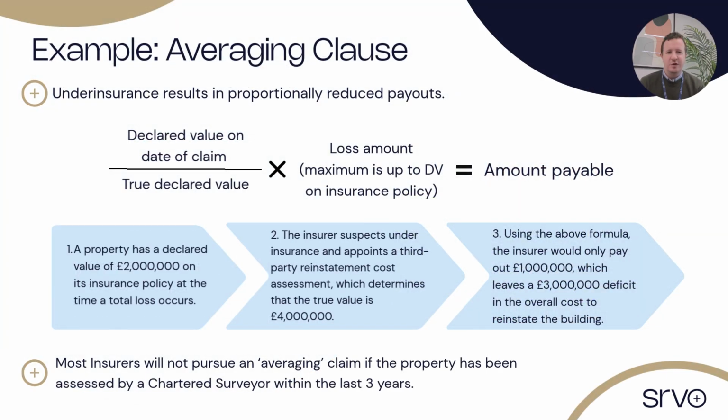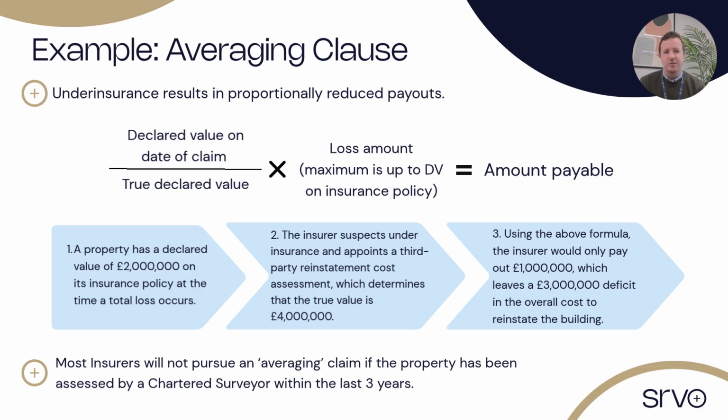Here we run through an example of how the averaging clause can work in practice, and it's a bit of a cautionary tale. At the top there, you've got the formula that insurers use where they suspect averaging needs to apply. It's a pretty basic formula, but one that's very important to understand.